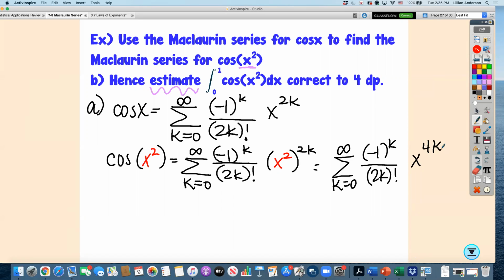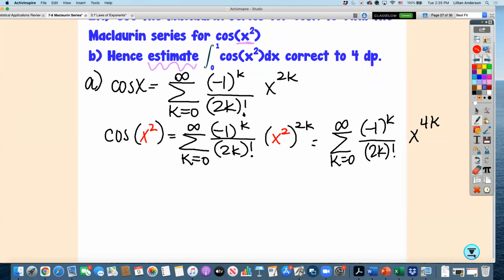So now I'm going to use that to estimate the integral from 0 to 1 of cosine x squared dx. Okay? So how do I do that? Like so.